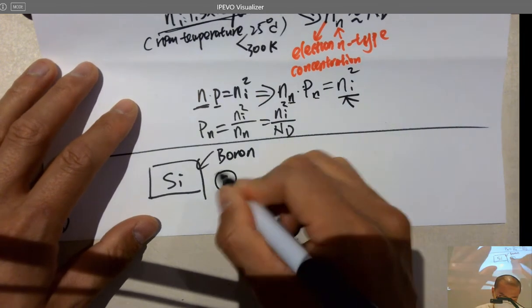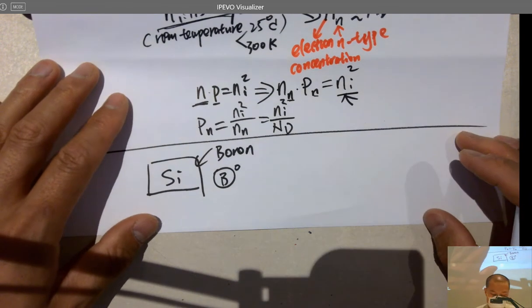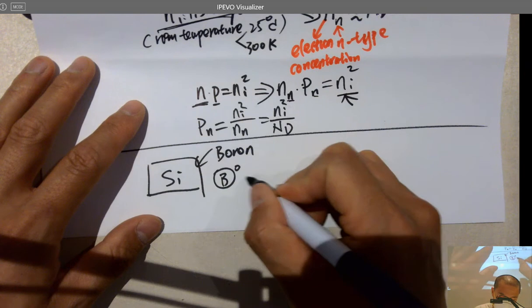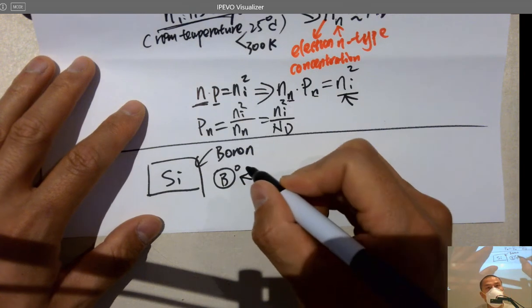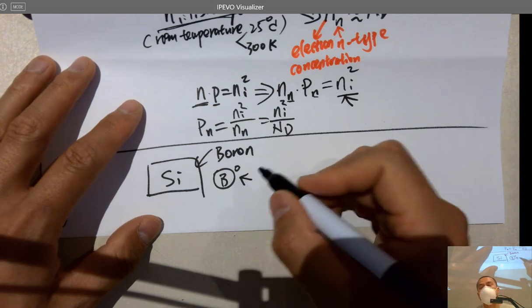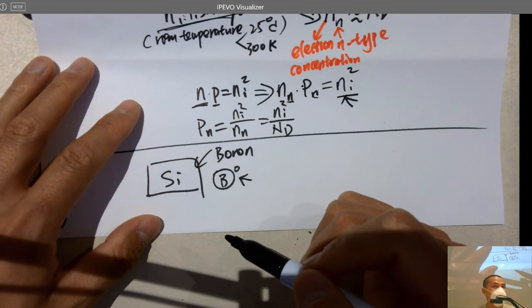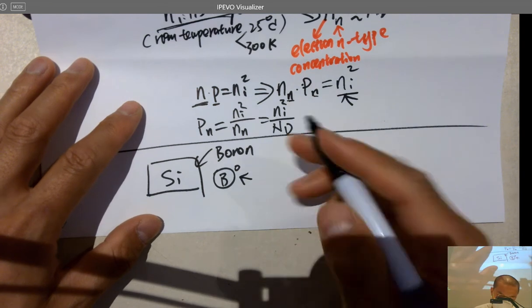And for boron, every boron atom carries one free hole, right? That's why it is an acceptor for the free electrons, because the holes accept electrons, or are neutralized by electrons.